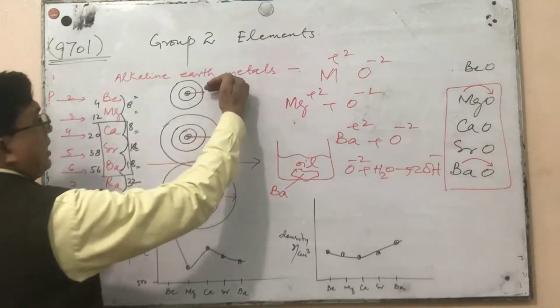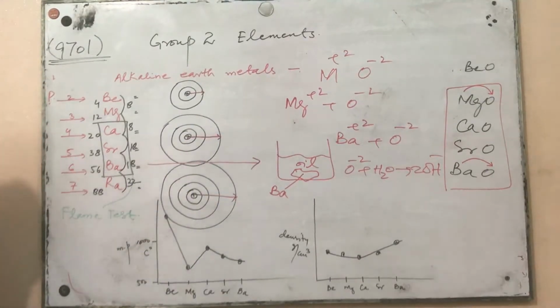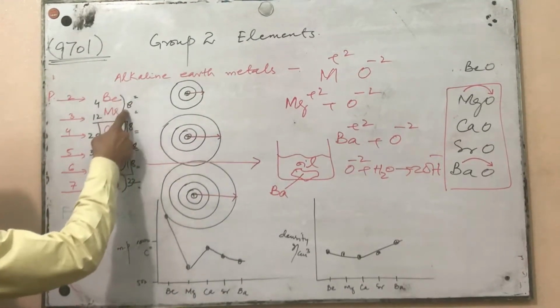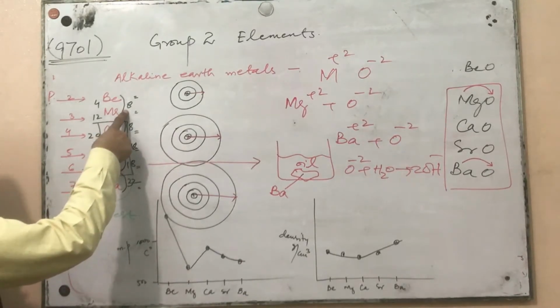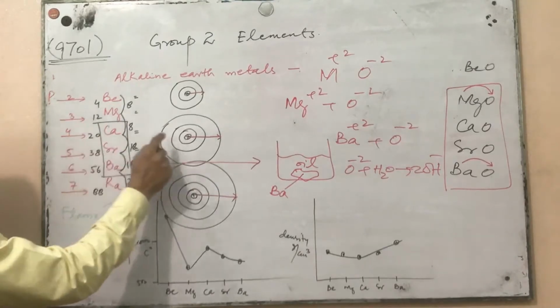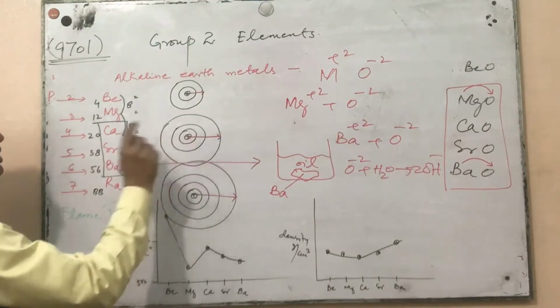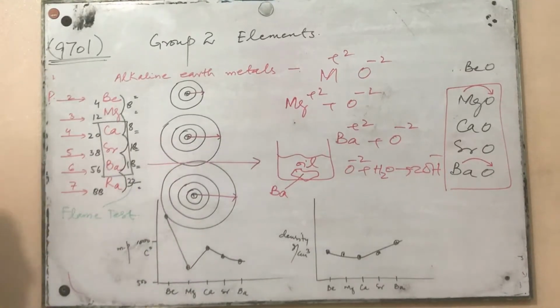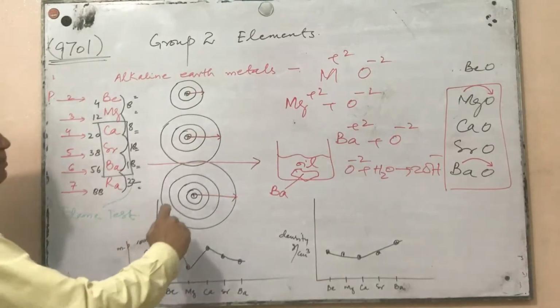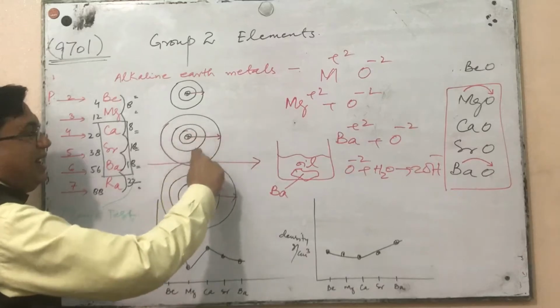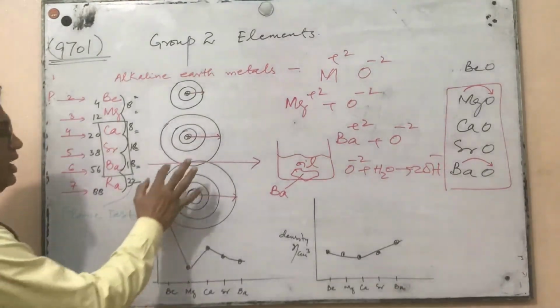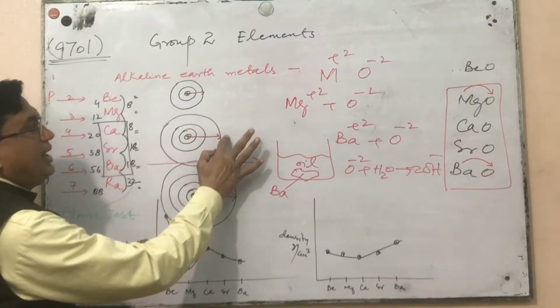Now, after beryllium, what happens? The difference of protons becomes 8. It means that in case of magnesium there are 12 protons present in the nucleus. But side by side, what has happened? One extra shell containing 8 electrons comes in between the nucleus and the outermost shell electron.